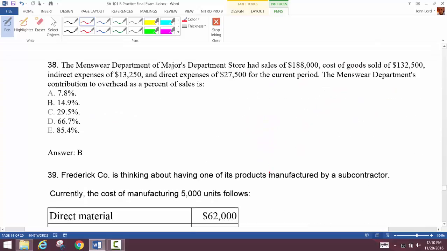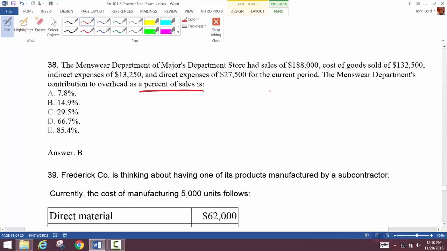Okay, good. Let's take a look at number 38. Menswear, major department store, sales of 180,000, cost of goods sold 132,500, indirect expenses 13,500, direct expenses 27,500. The menswear department's contribution as a percent of sales, well, let's get its contribution first.